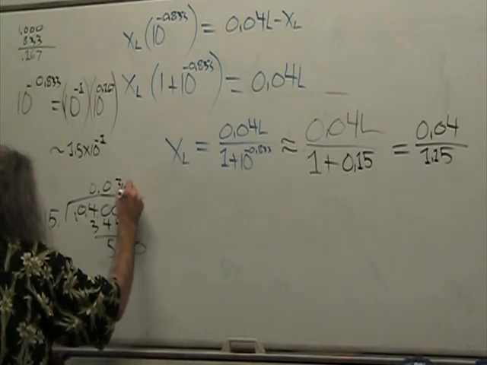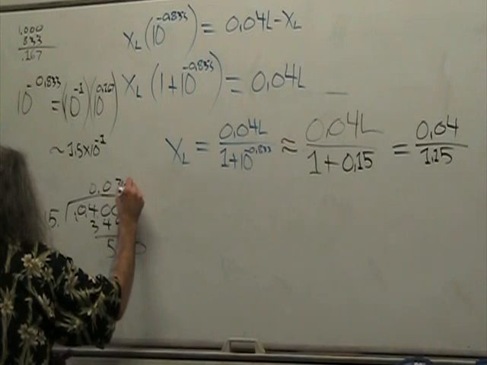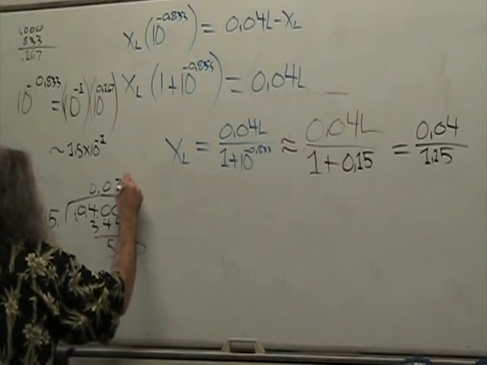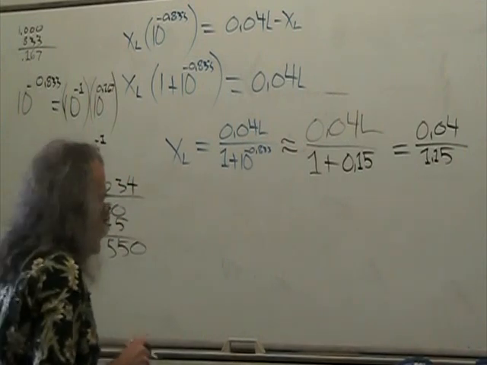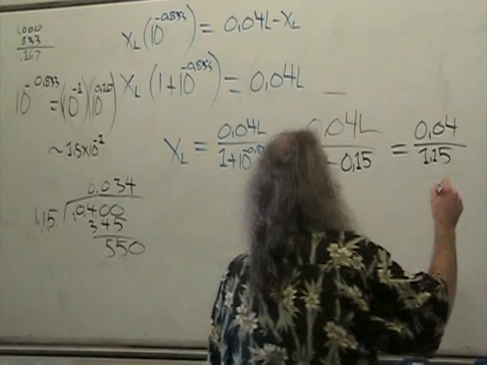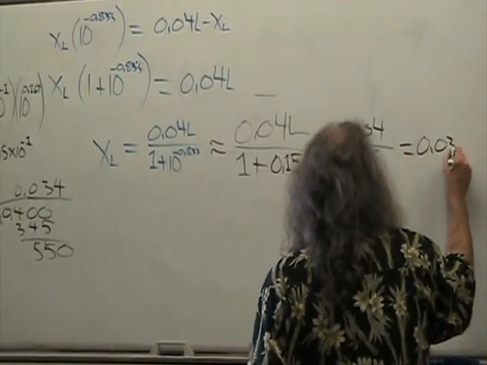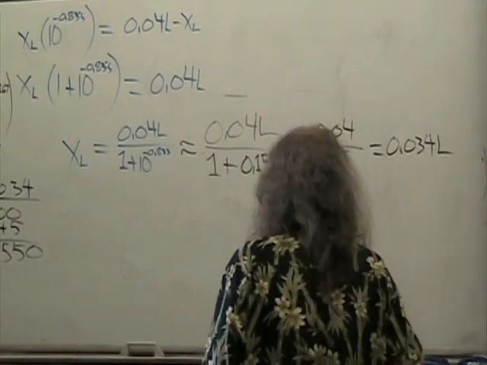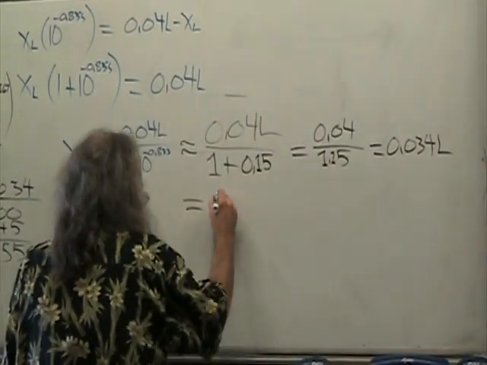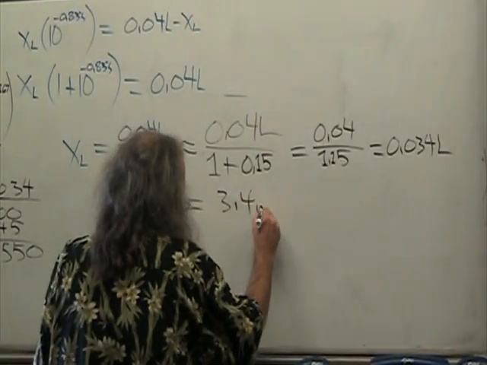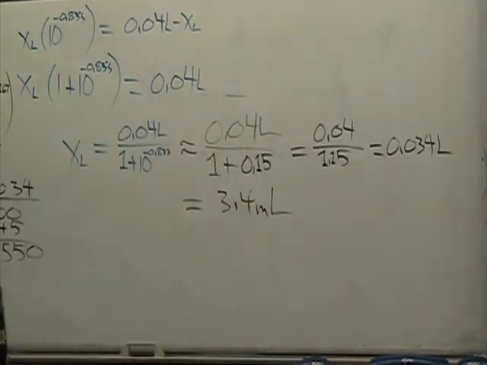Maybe 5, no, 345, 460, yeah, it's going to be 0.0348. So this is equal to 0.034 liters, which equals 3.4 milliliters. Okay. There we go.